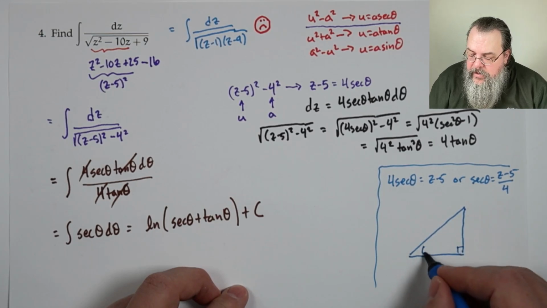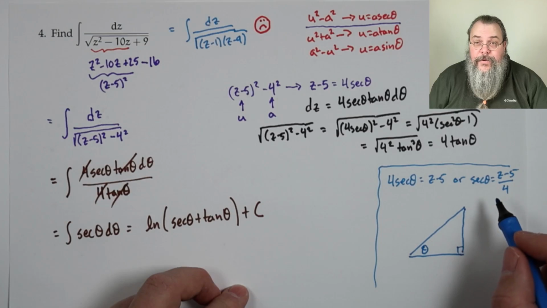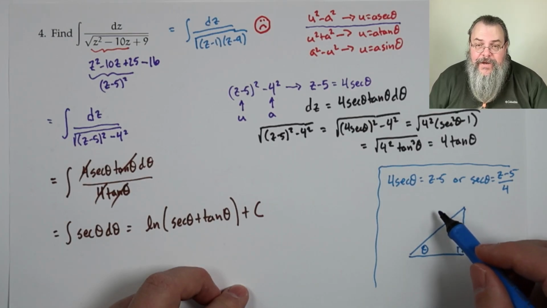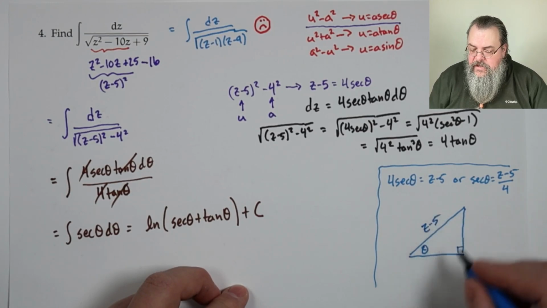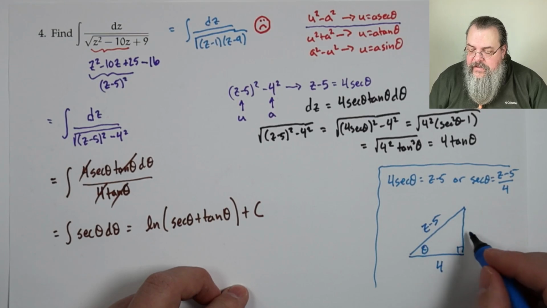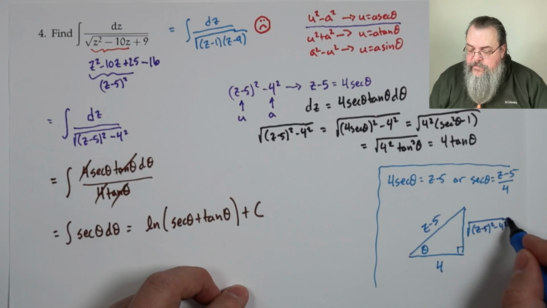Little corner, right angle. Put theta somewhere. Now, secant is 1 over cosine. Cosine is adjacent over hypotenuse. So secant's hypotenuse over adjacent.